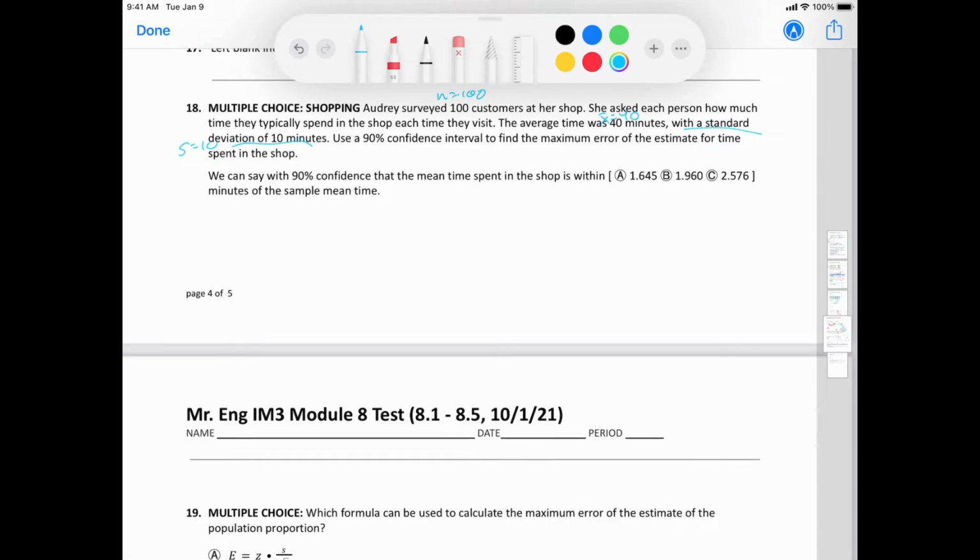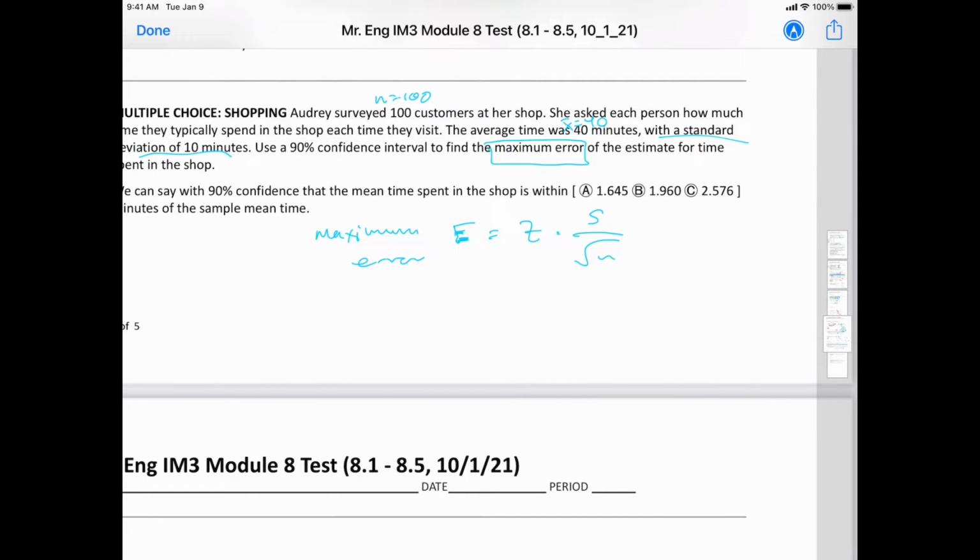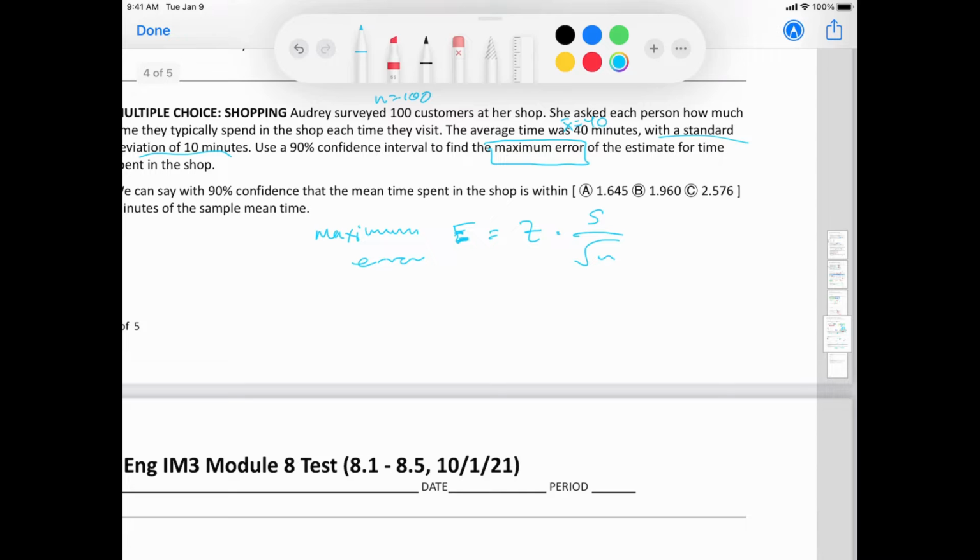Use a 90% confidence interval to find the maximum error. So I like seeing that word maximum error because I have a formula for that. Maximum error is E equals Z times S divided by square root of N. Okay, so a z-score comes from the 90% confidence interval.